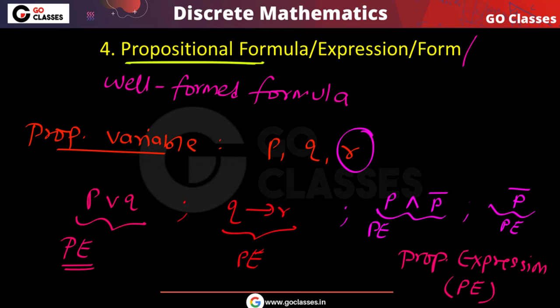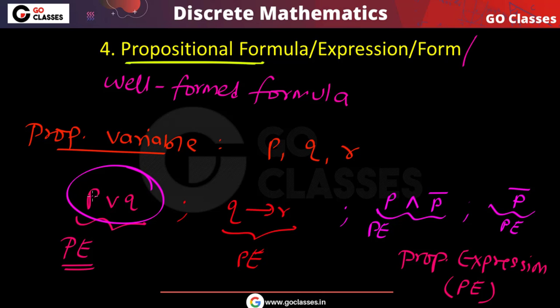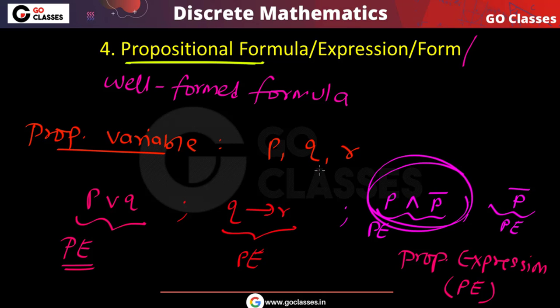The truth value of R does not depend on anyone else, and neither does the truth value of P. But the truth value of a propositional expression depends on the truth values of its atomic propositions, that is, its propositional variables. Similarly for this other expression. So this is the idea.